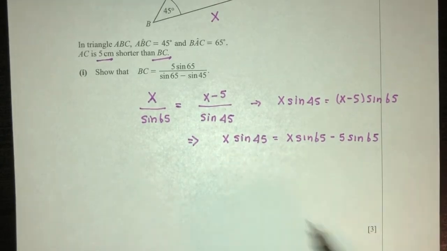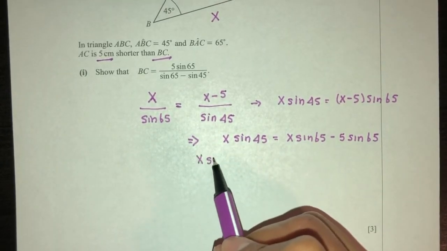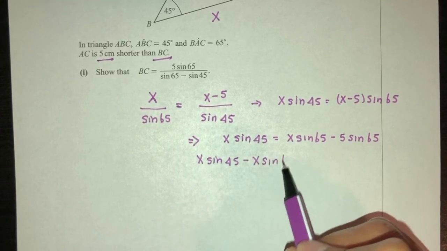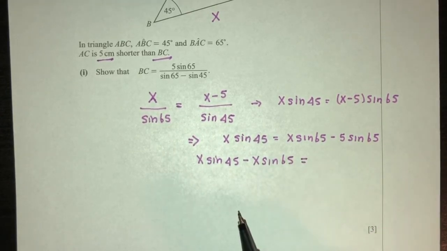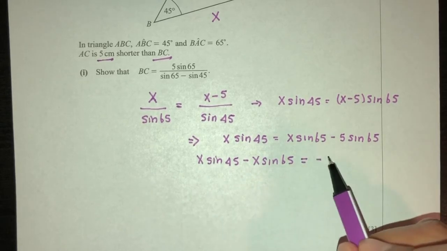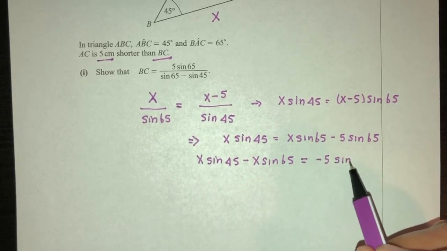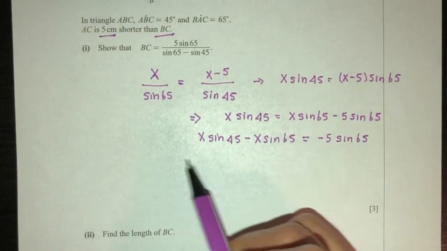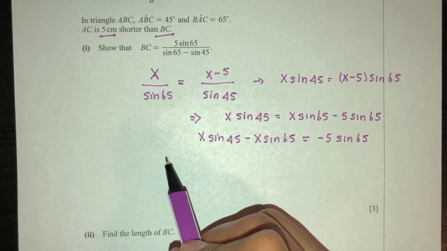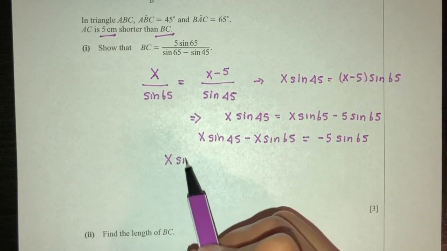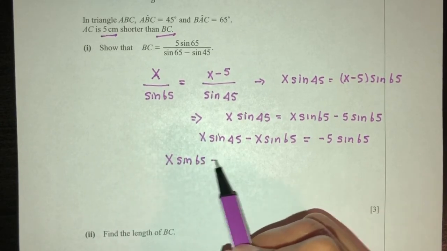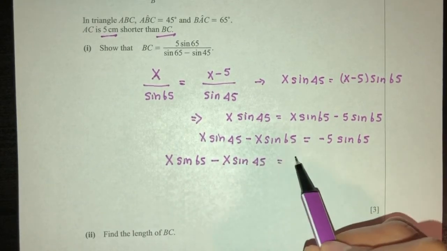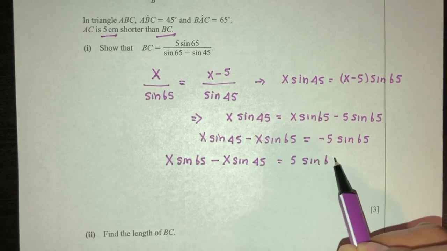Now let's put X on the same side. You will have X sine of 45 minus X sine of 65 equal to minus 5 sine of 65. So let's switch the position. Let's bring this one over here and this one over here. You will have X sine of 65 minus X sine of 45 equal to 5 sine of 65.